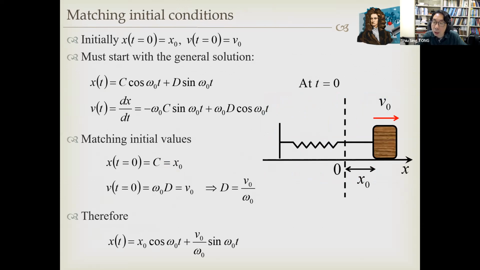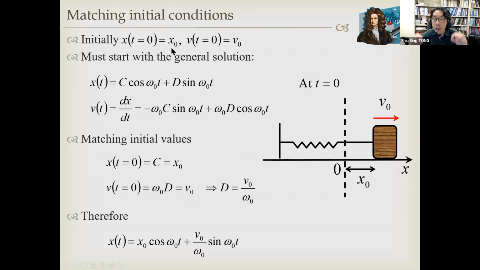Now we are ready to match the initial condition. So let us assume that initially, at time t equal to 0, we have the initial displacement of the block at x0, and initially we have the velocity as v0.